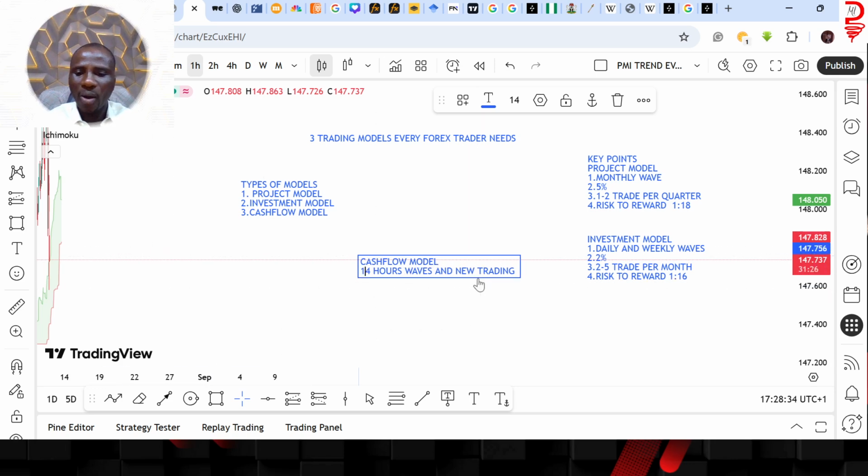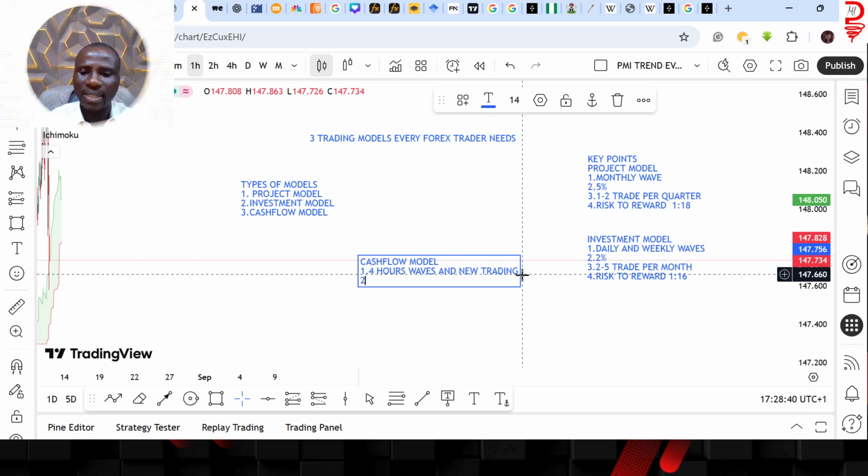We trade the 4 hours wave. So the frequency of trade that we pick on this type of account is, in a week, between 4 to 8 trades per week. Do you see that now? 4 to 8 trades per week.